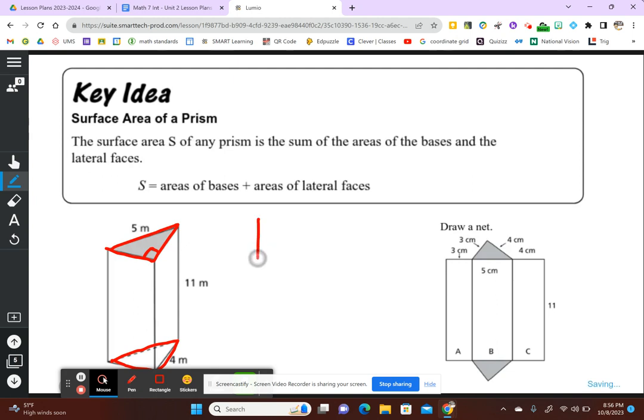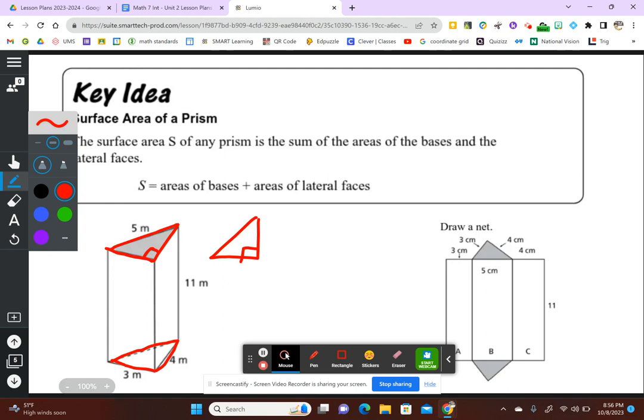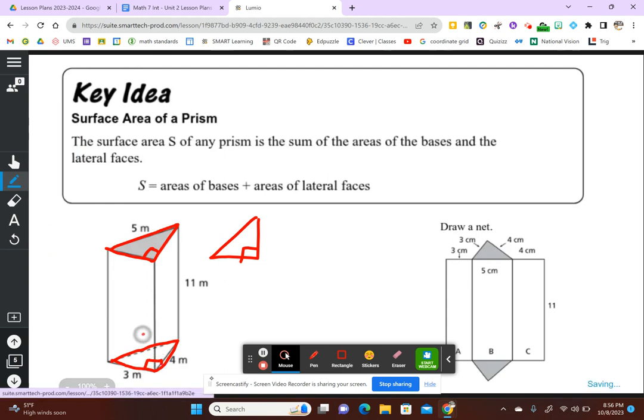So first, let's look at the triangle. Here is the right angle, and this is 5, so you have 3, 4, 5.